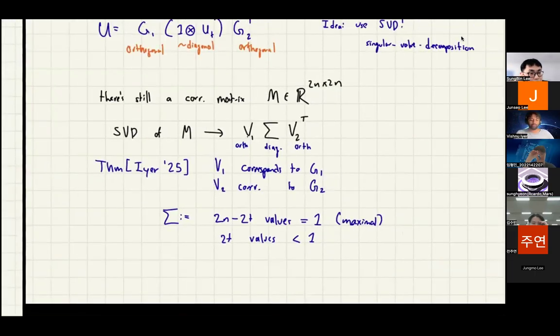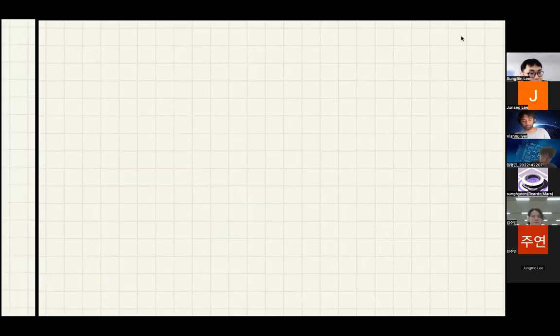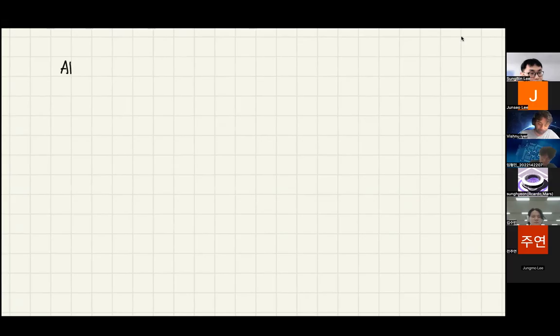Okay? So here is now my learning algorithm. The algorithm is first find the correlation matrix M, and there's going to be an approximation.